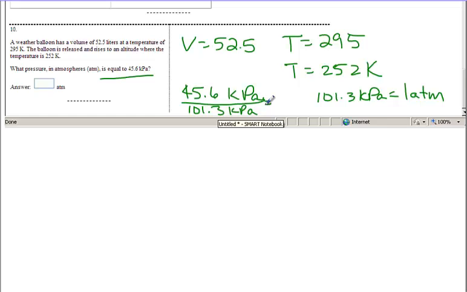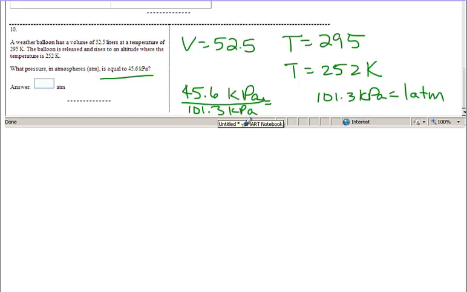Because we don't have 101.3, we need to know how many atmospheres we're going to have. Obviously, we're going to have less, because if 1 atmosphere is equal to 101.3, and we only have 45.6, it looks like it's about half. So we're going to calculate this on our calculator.